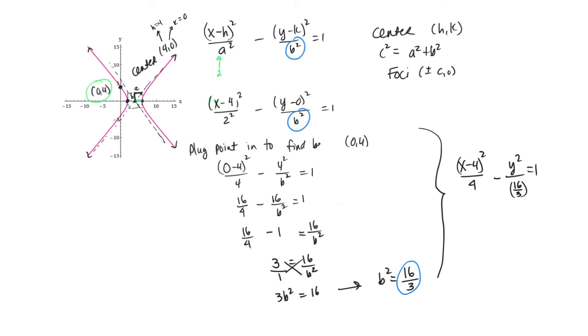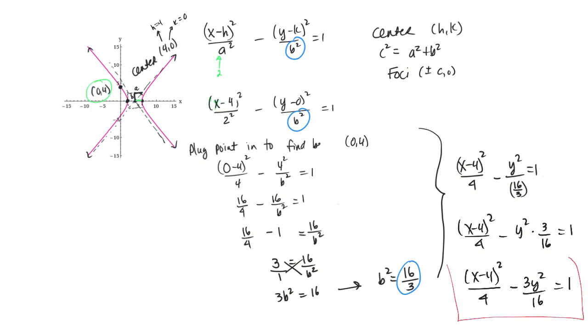I have y squared divided by a fraction, so that would be the same thing as multiplying by the reciprocal. And so we would get (x minus 4) squared all over 4 minus 3y squared over 16 is equal to 1. And there is our equation.